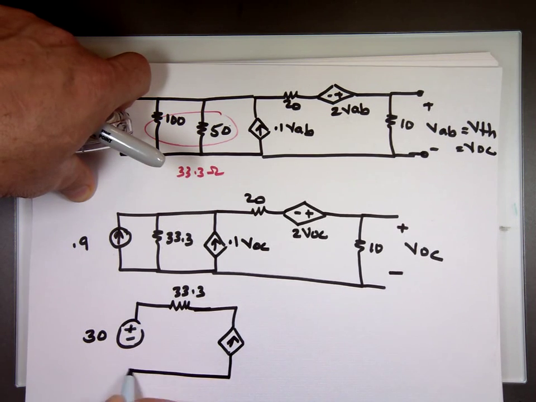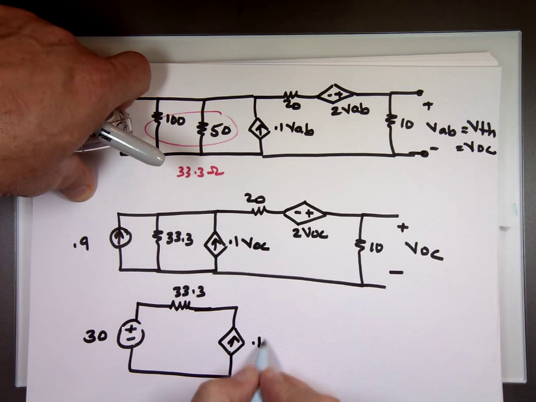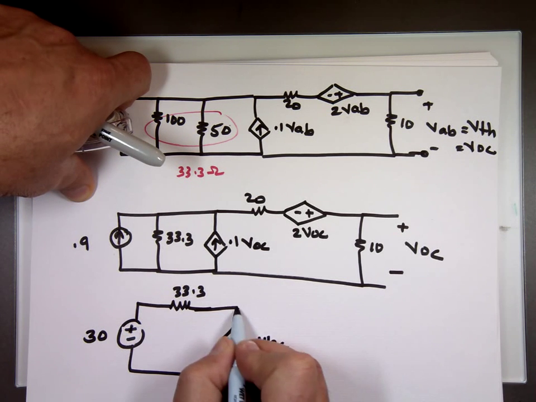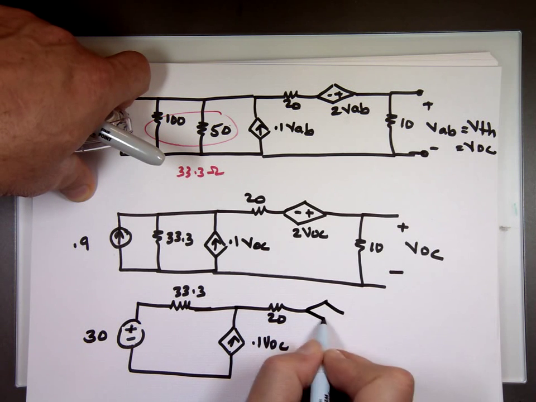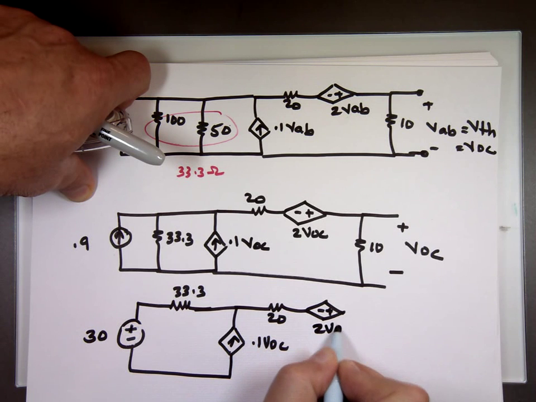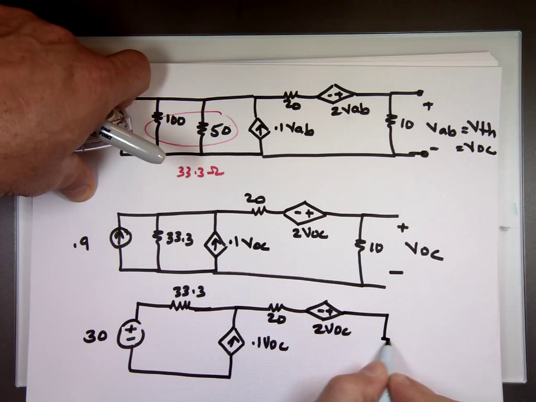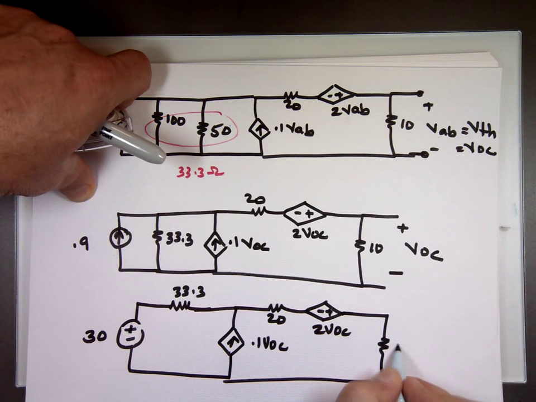This is 0.1 V open circuit. 20. 2 V open circuit. 10, and this is V open circuit.